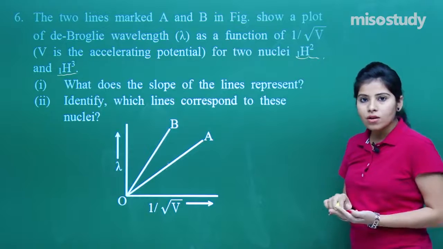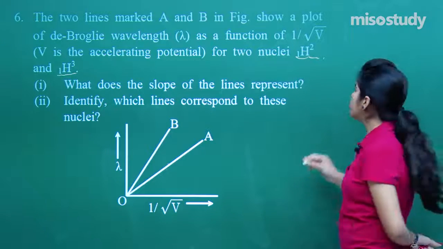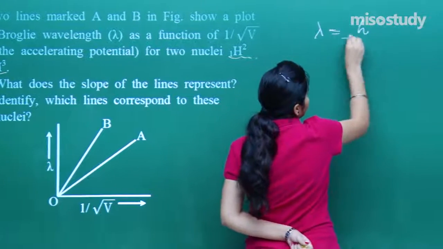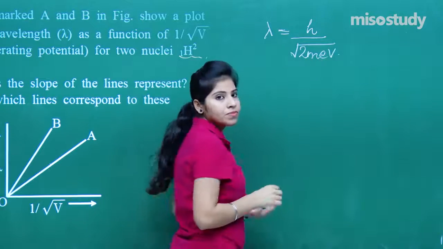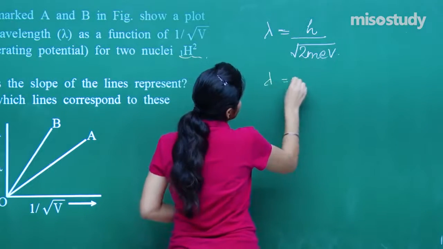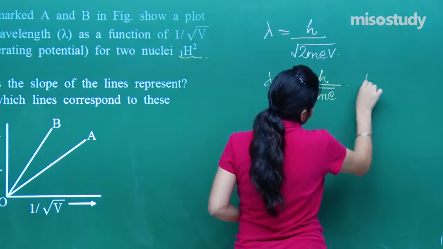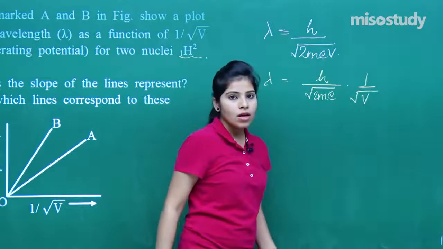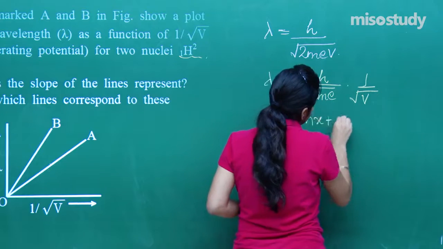First of all, what does the slope of this line represent? You have one equation with you, that means lambda equals h upon under root 2meV. You can represent this equation as lambda equals h upon under root 2me into 1 upon under root V. Now compare this equation with y equals mx plus c.